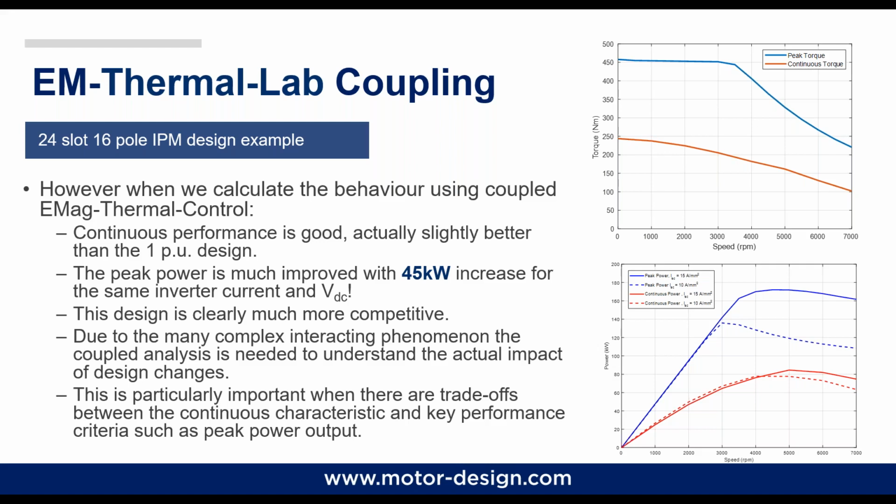And we have actually obtained a design that looks very good, and even more capable of producing continuous torque at higher speeds. So clearly, this design is much more competitive than the previous one, and I basically broke the design rule that I was telling you before.